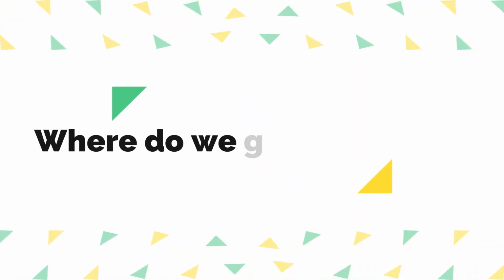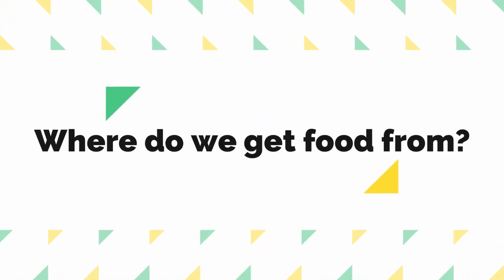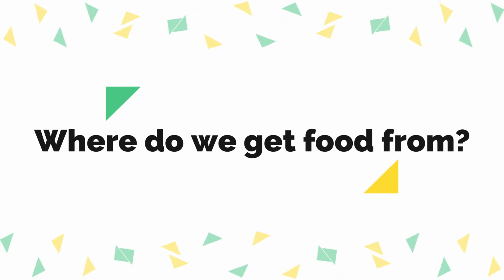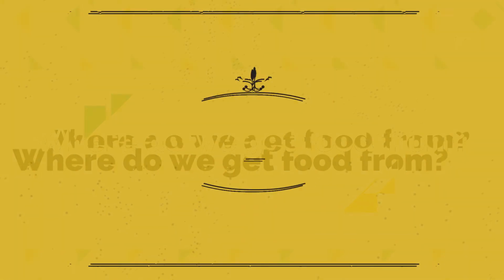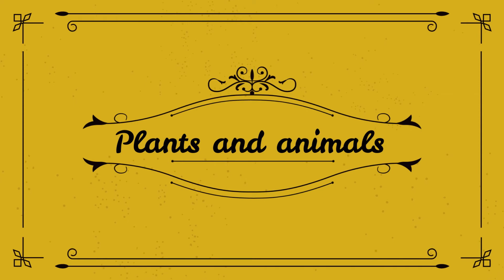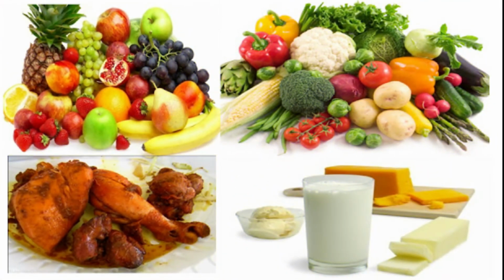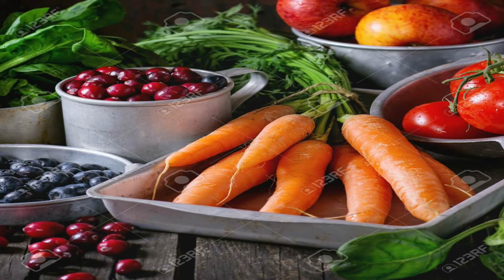Okay, once again tell me, where do we get food from? We get food from plants and animals. All the food we eat comes directly or indirectly from plants. We eat fruits and some vegetables directly without cooking.